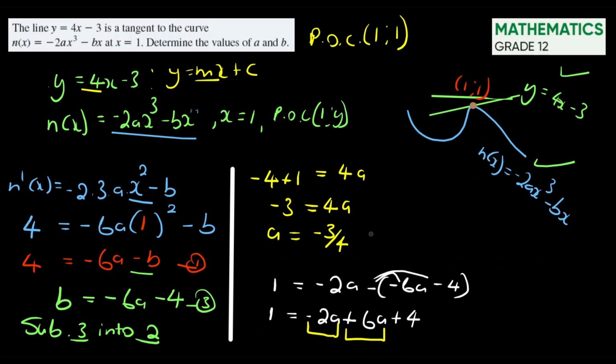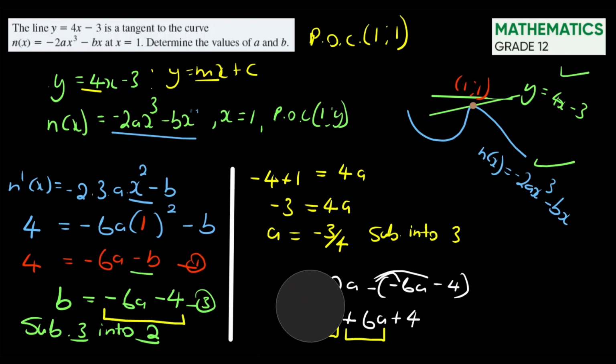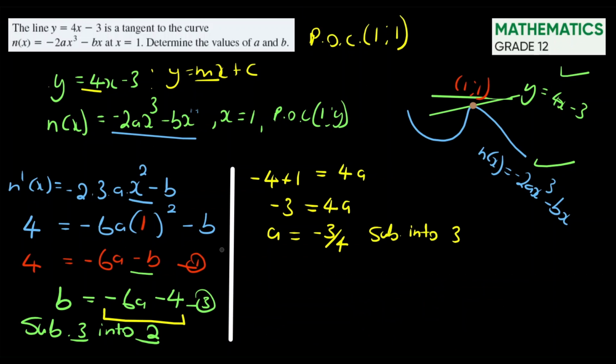And to find our b value, we just substitute into equation 3. Why equation 3? Because equation 3 already has b as the subject of the formula, which just means we just plug in and play. So our b will be negative 6 times our a value, negative 3 over 4, minus 4.